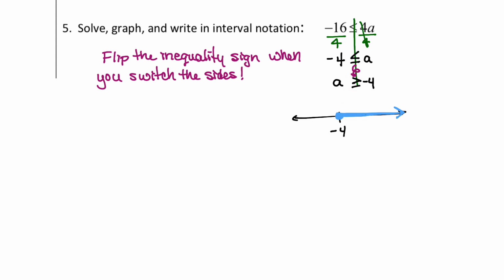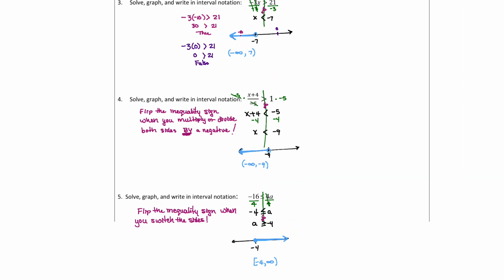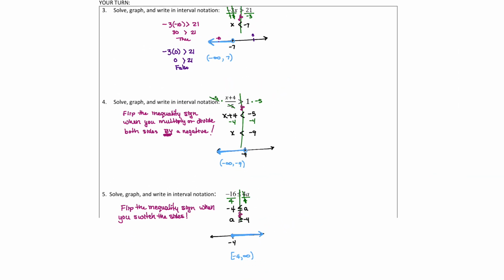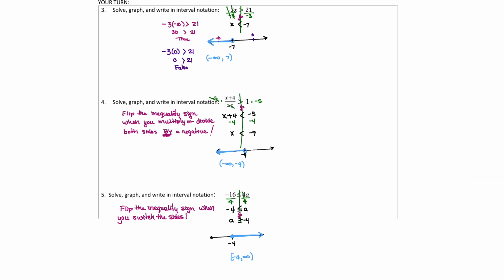And we start with a negative 4, and it goes to positive infinity with a parenthesis, because parentheses always go with infinity. Okay, there we go on those 3. If you did them yourself, hopefully you did well.